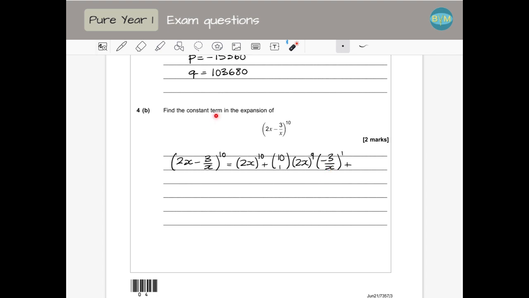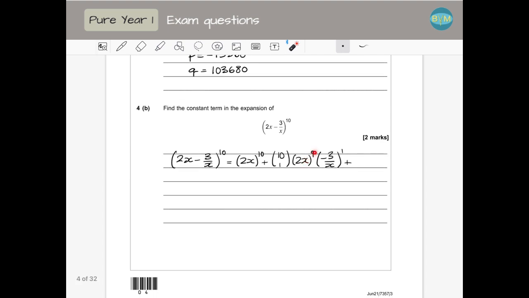If I want the constant term, the term without x, I will need the same number of x in the numerator as in the denominator. So I need the same exponent here and here. Remember, these numbers in the exponents always add up to my exponent. So I will have to have 5 and 5, so they add up to 10, and the 5 cancels with the 5.